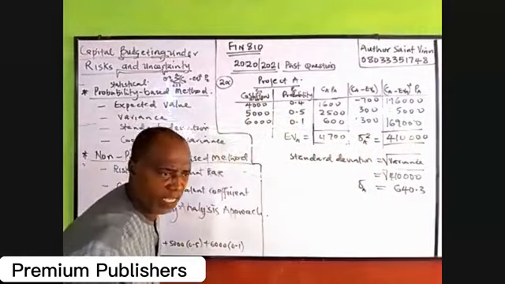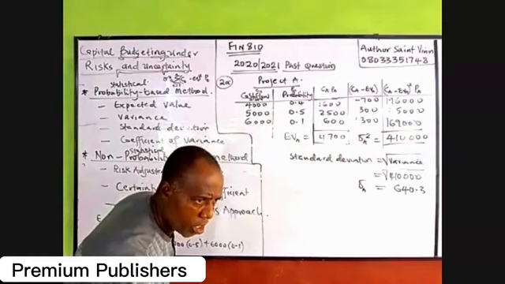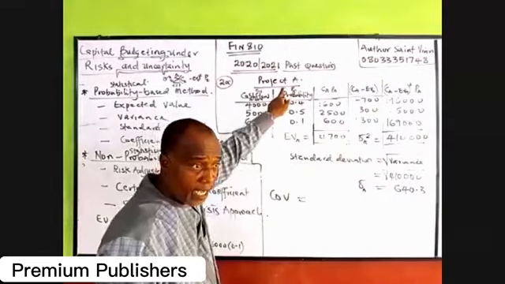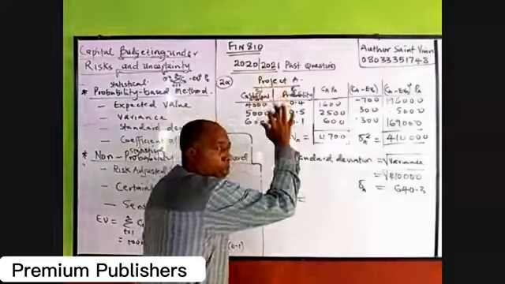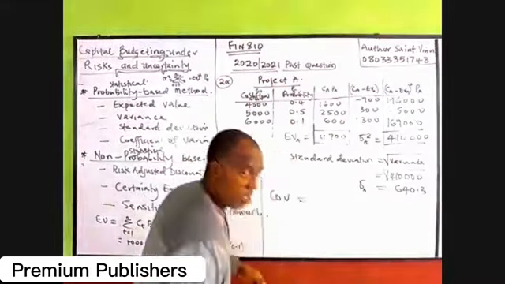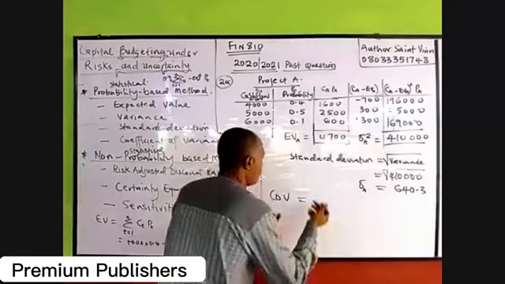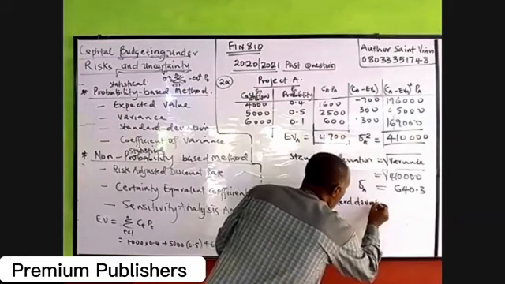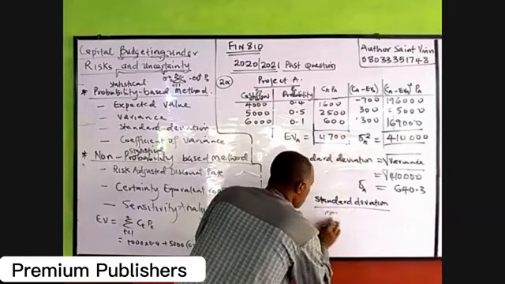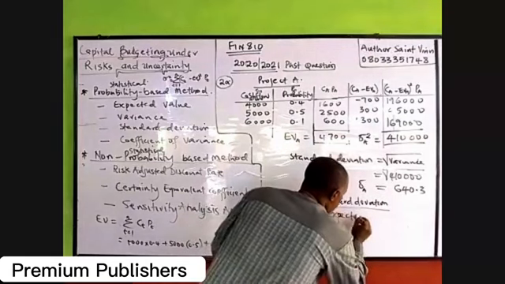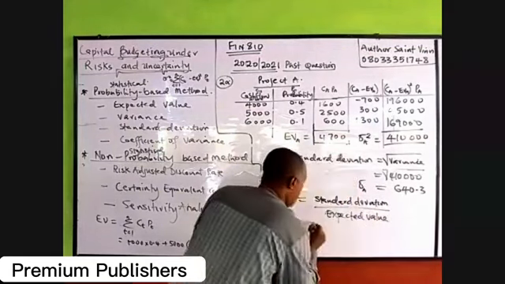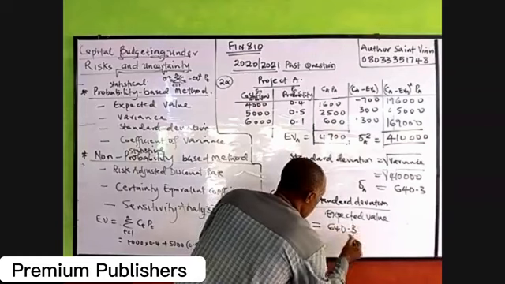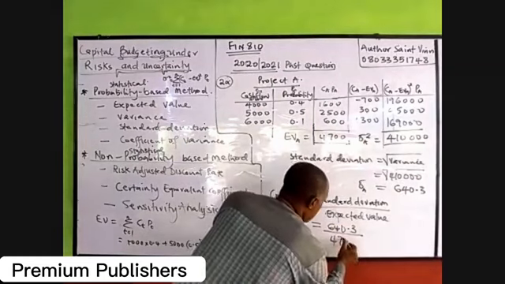And the question went further. Is there no coefficient of variation? So CV for project A, we are still on project A. This is the standard deviation over the expected value. That means 640.3 over 4,700.